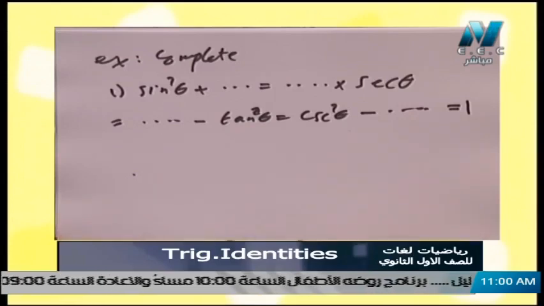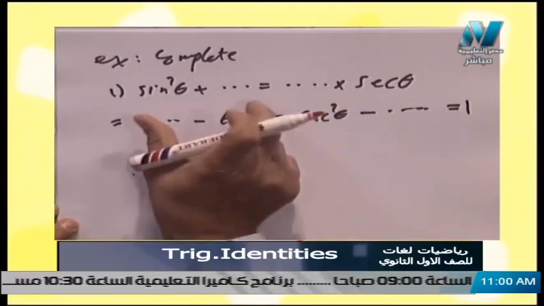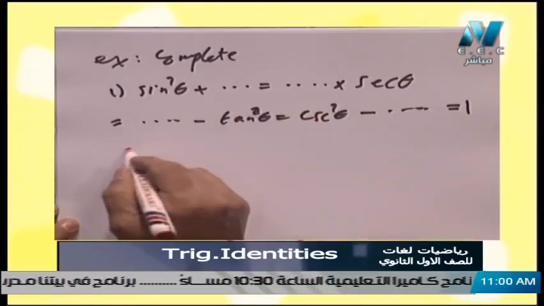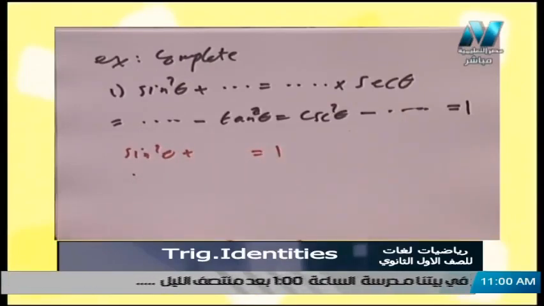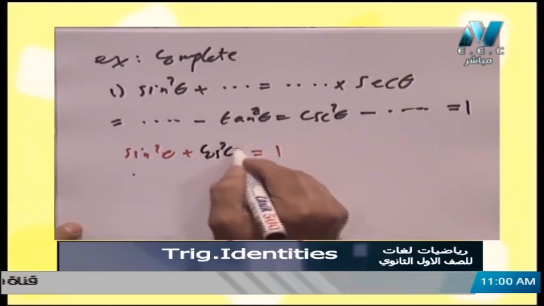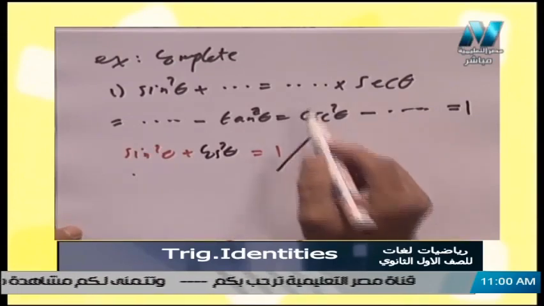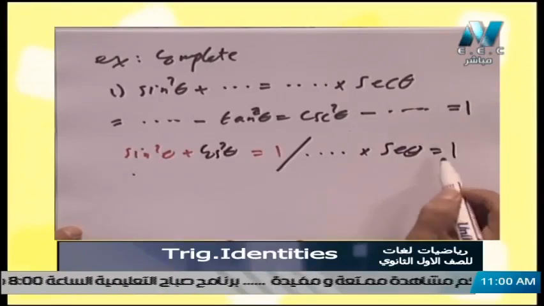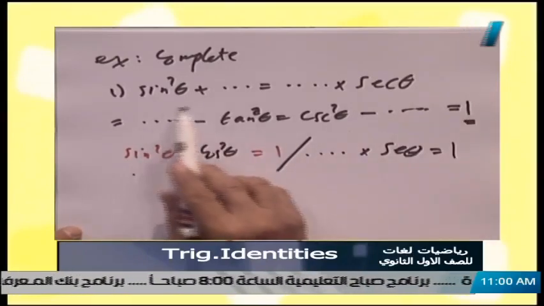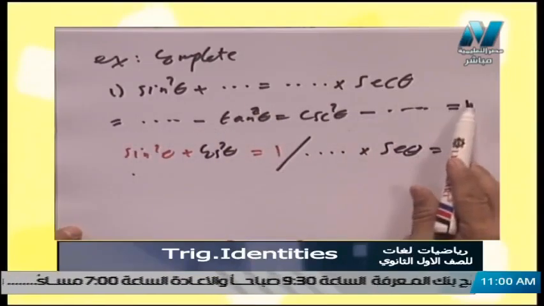To deal with this question, separate them. Just say sine power 2 theta plus what equal 1. Yes, we know that sine power 2 theta plus cosine power 2 theta equals 1. Excellent. And this space multiply sec theta equals 1. Where is 1? This is 1. All these identities here, all of them equal 1.